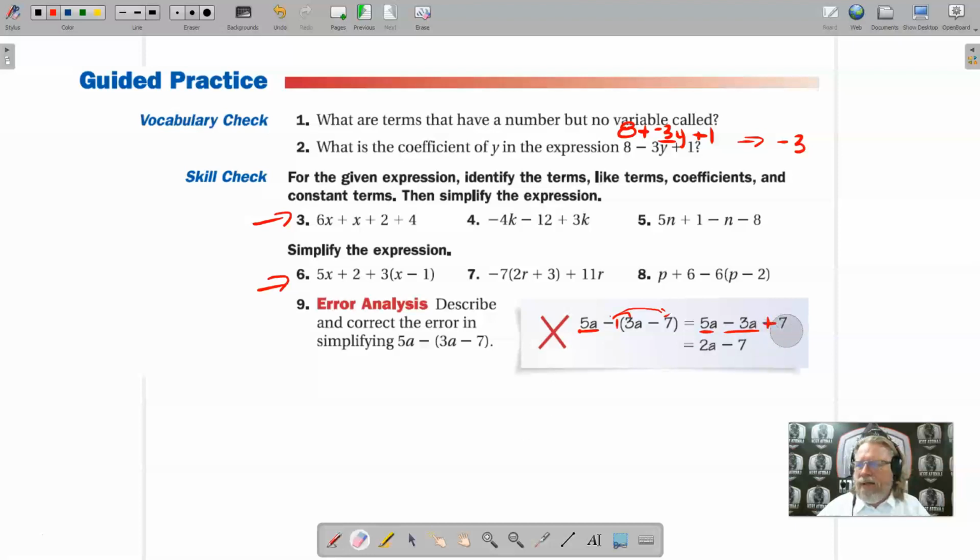Another way is, like I said, think of this as the subtraction sign, saying the opposite of, and so this is a +3a, it now becomes a -3a, and this is a -7, and it should have become a +7.